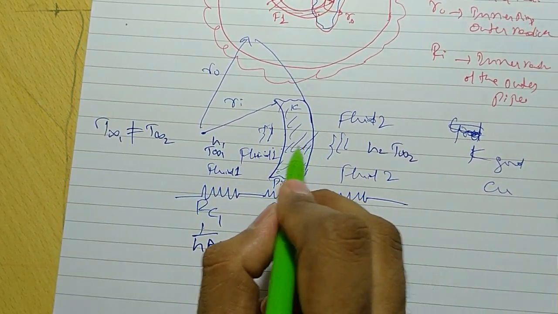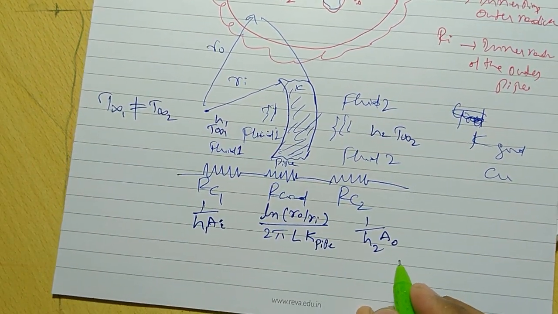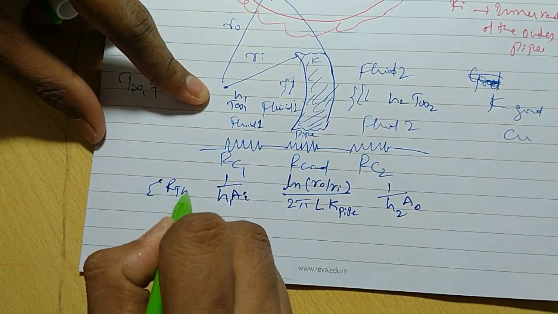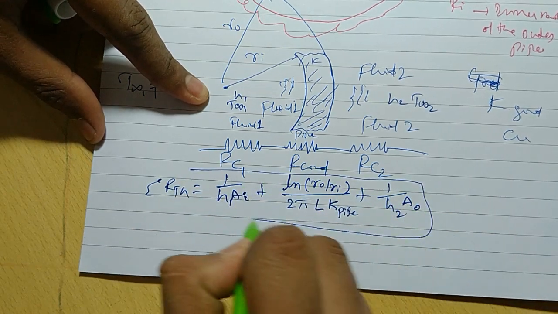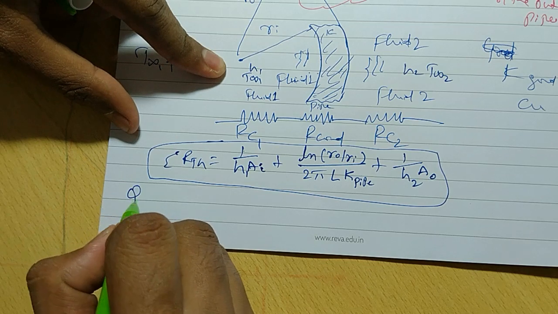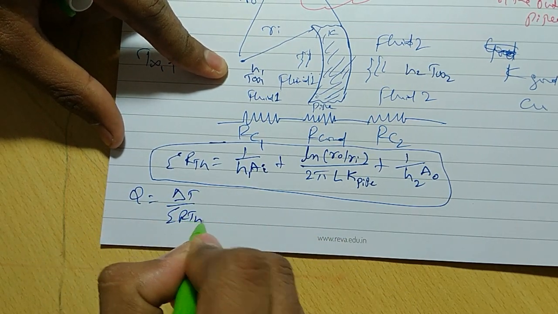A2 means A naught, outer radius, r naught. Now sigma R_th, what will happen? Sigma R_th means sum of all these, the sum of all these becomes sigma R_th. And we know what the equation is: Q is equal to delta T by sigma R_th.